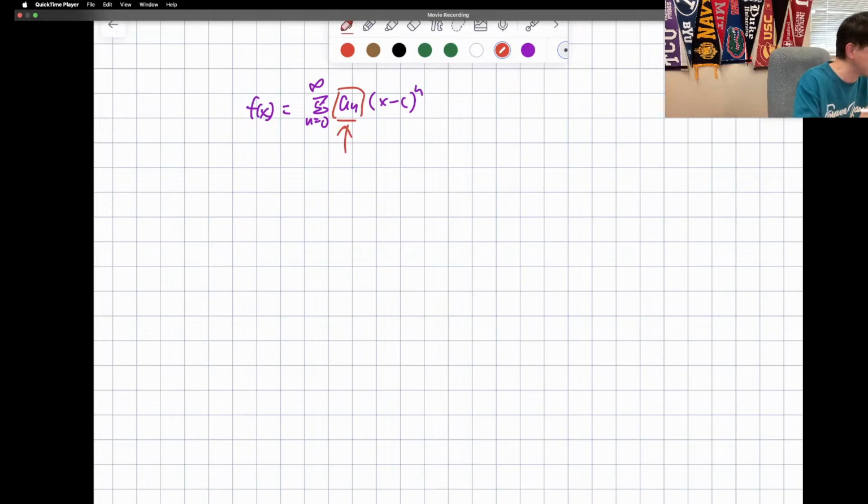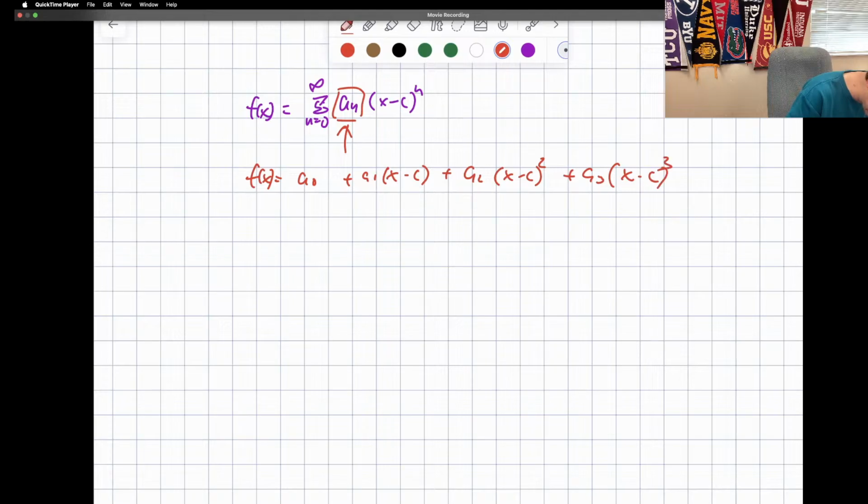Can we come up with a general term for a_n? Taylor suggests that we can take n derivatives. So we start by writing down a0 plus a1 times (x minus c) plus a2 (x minus c) squared plus a3 (x minus c) to the third.